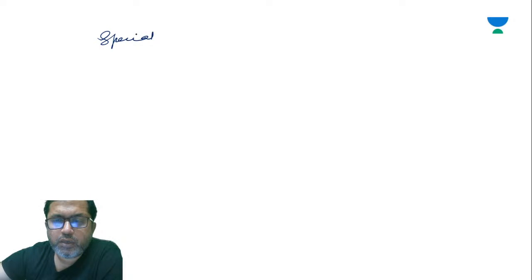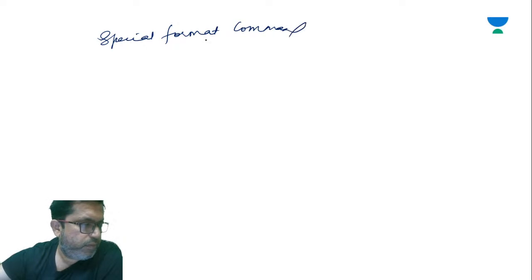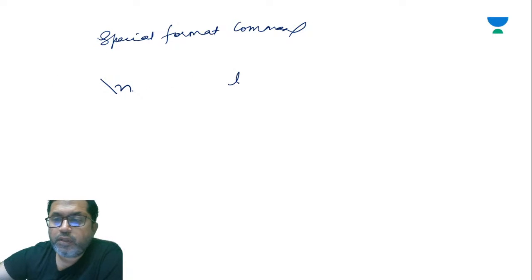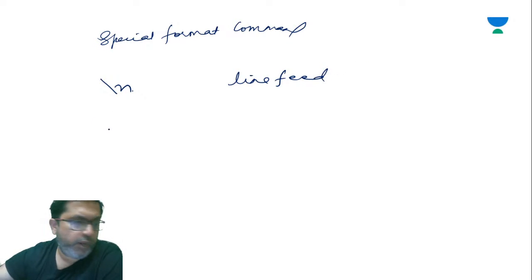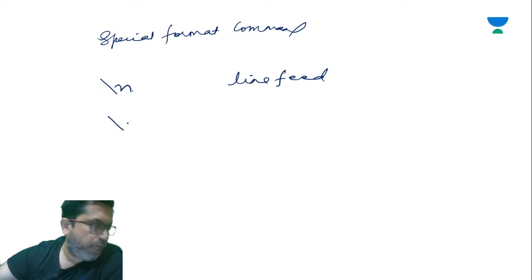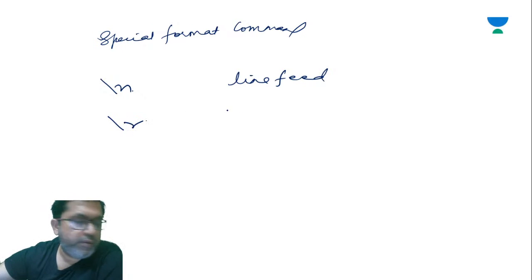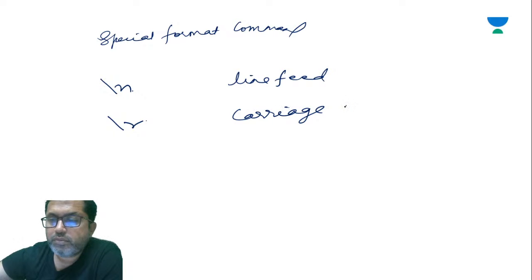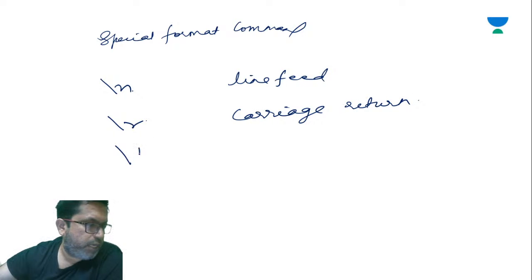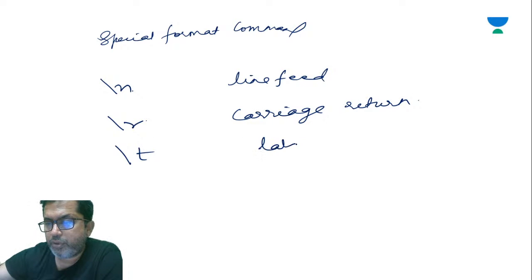Next we'll see special format commands. \n is called line feed, new line. \r, carriage return. \t, tab.